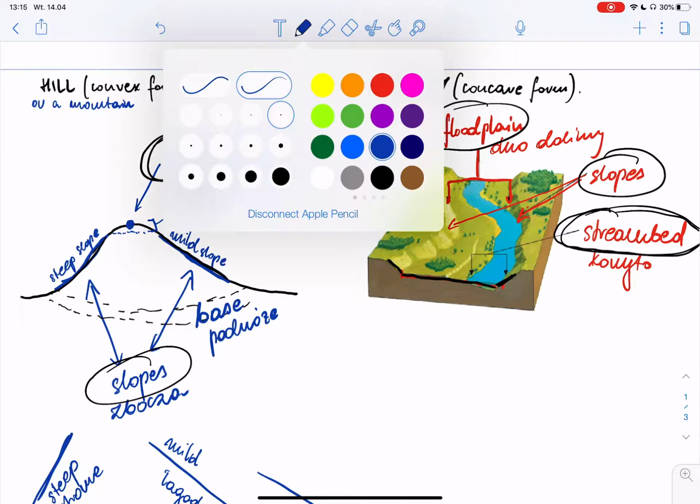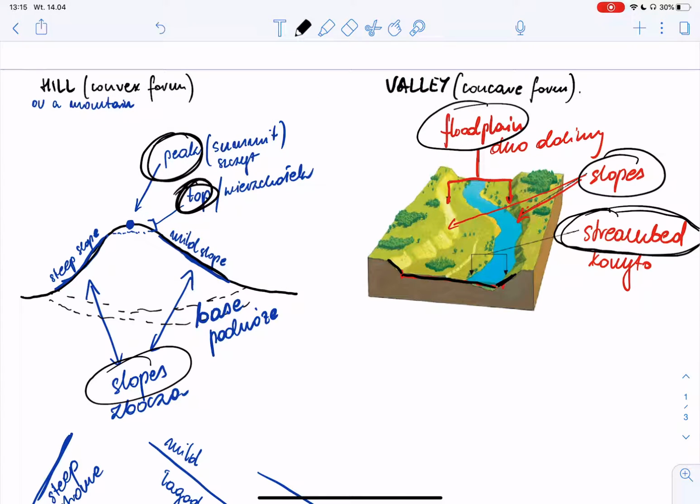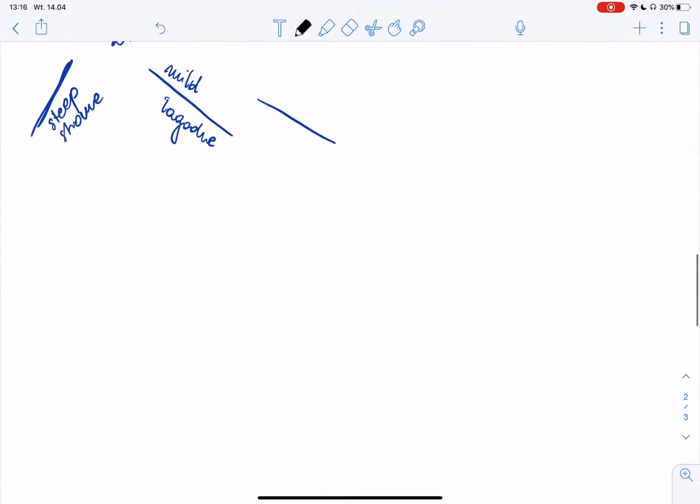Guys, in case you need some more information about this, we have similar diagrams on page 144 and 145 in our textbook.